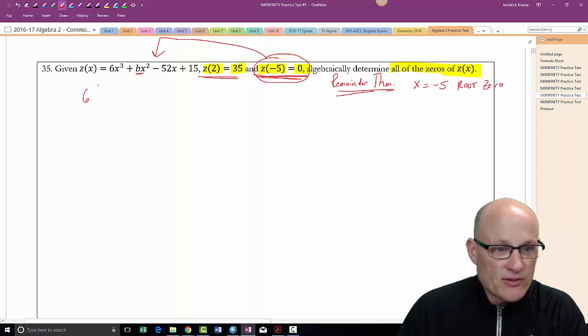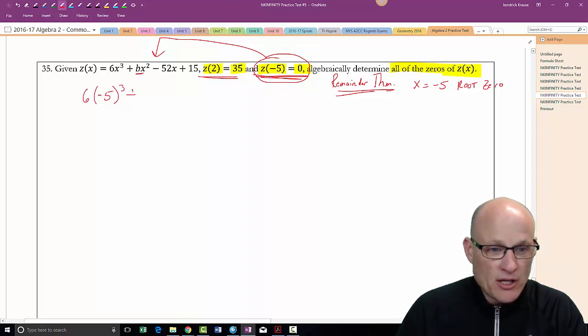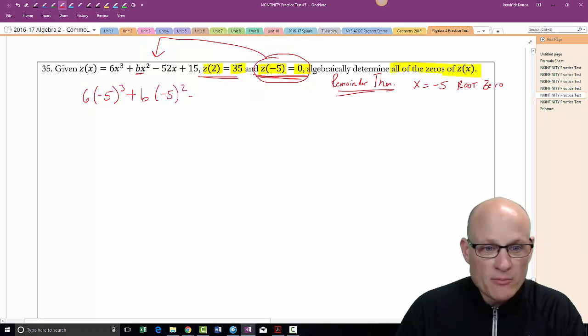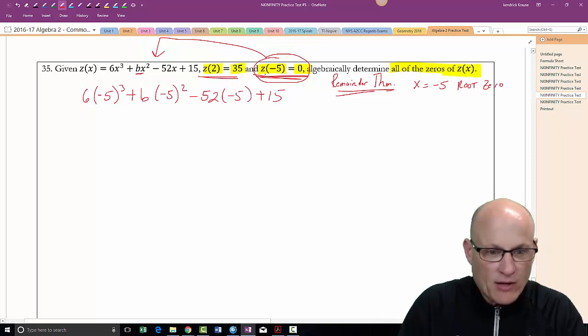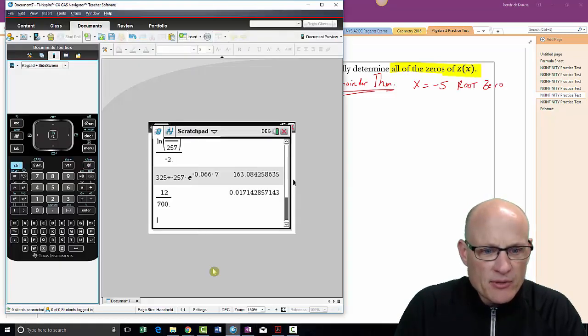So 6 times negative 5 cubed plus b times negative 5 squared minus 52 times negative 5 plus 15. Now notice I'm putting everything in parentheses. So I'm going to grab my calculator right now real quick. And I'm going to do 6 parentheses negative 5. I hate doing this. Let's do this.